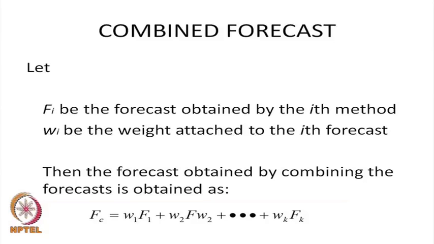Then sum the weighted average, that is W1 into F1 plus W2 into F2, there is a mistake here, it should be F2, and so on up to Wk Fk, all that should be added. These weights should sum up to 1. If that happens, this forecast is taken as the best forecast.